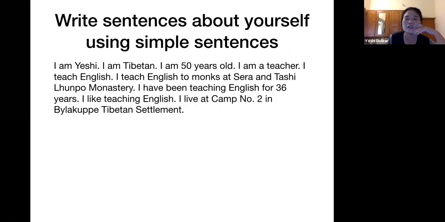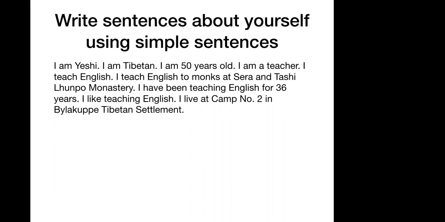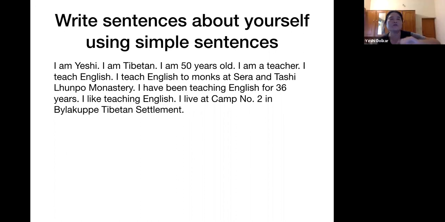I teach English to monks at Sera and Tashigumbo Monastery. I have been teaching English for 36 years. I like teaching English. I live at camp number 2 in Bylakuppe Tibetan settlement. See, all these sentences are simple sentences. Now you have to write a few simple sentences about yourself.